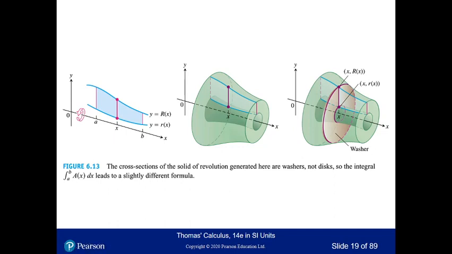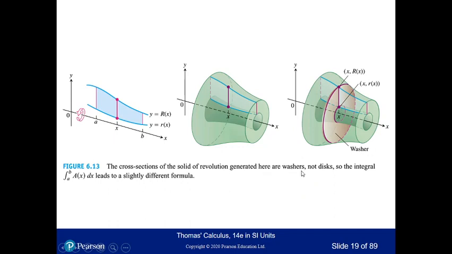So in that sense, we have to consider finding the volume by using capital R of x, and then finding the volume by using the little r of x, and then just taking the difference between these volumes.